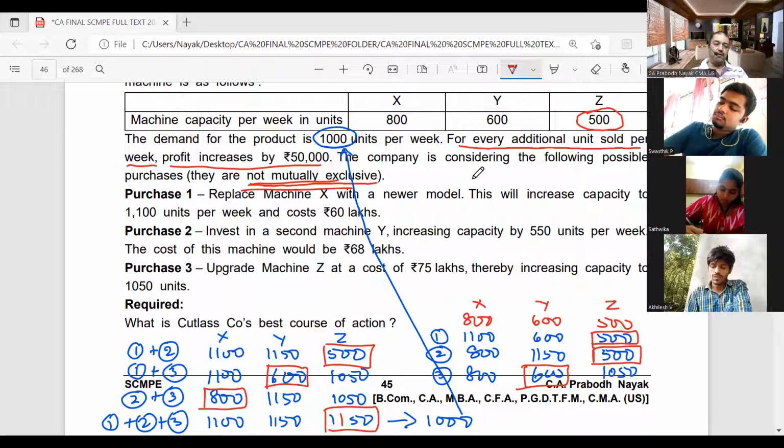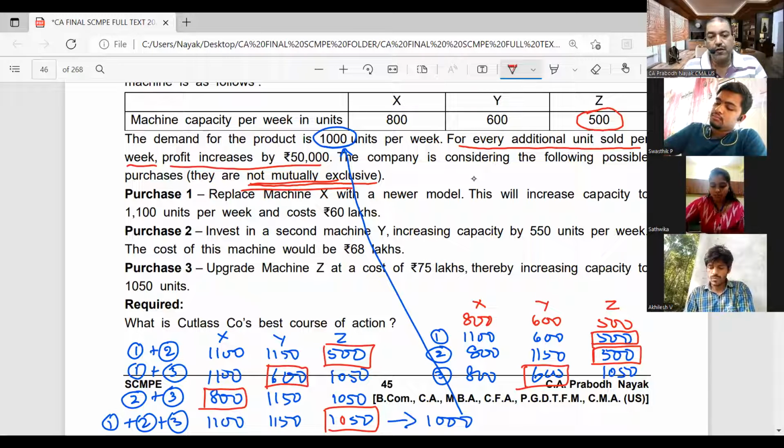In which case, the output will be restricted to 1050 units, and the demand for 1000 units per week is met.